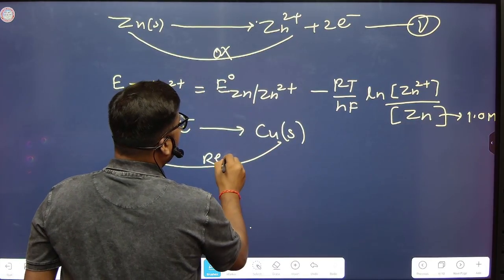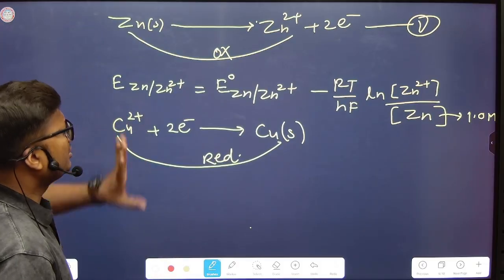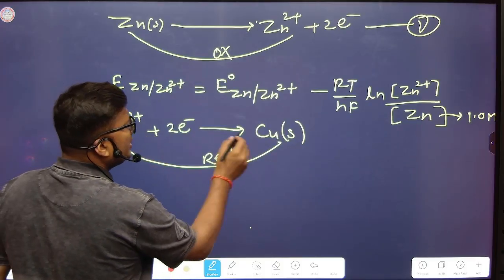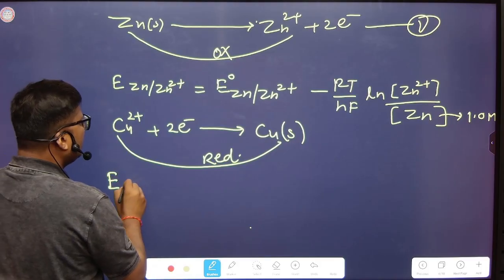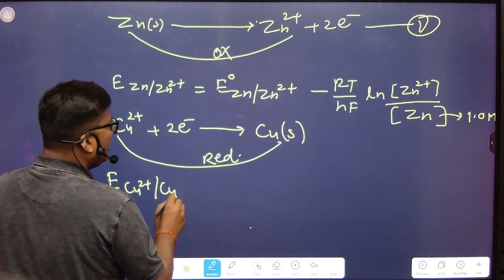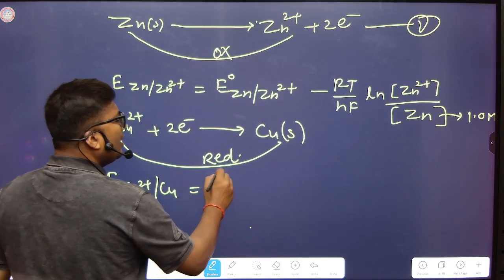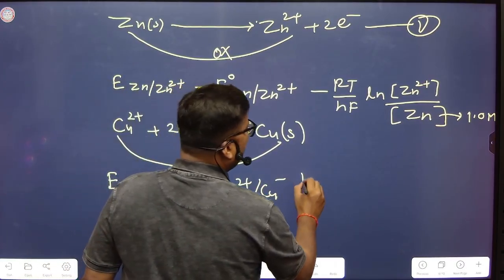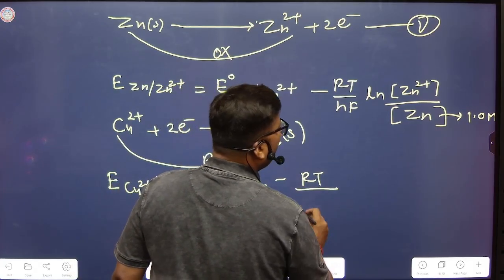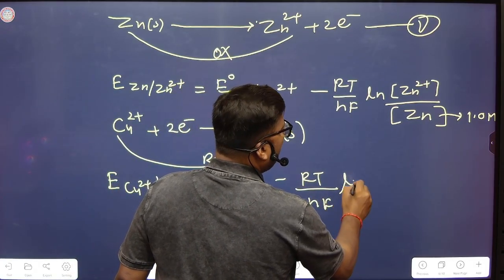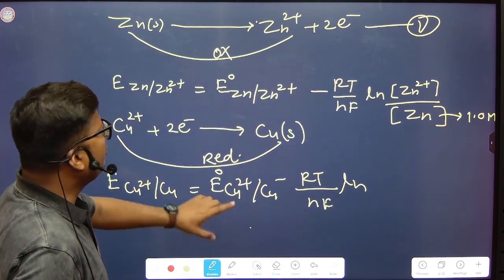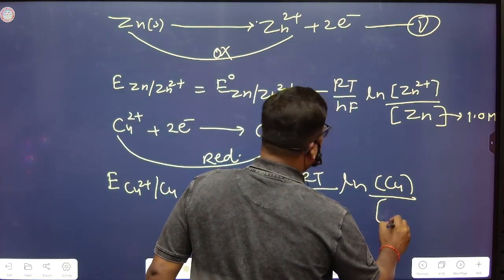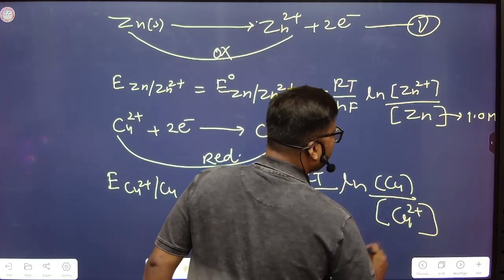Now this is a reduction reaction, right? So there will be a reduction potential. So what will be the electrode potential for this copper 2+ and copper? That is E Cu2+ to copper, equal to E naught Cu2+ to copper minus RT upon nF ln, then again the reaction quotient will be concentration of copper upon concentration of copper 2+, right?